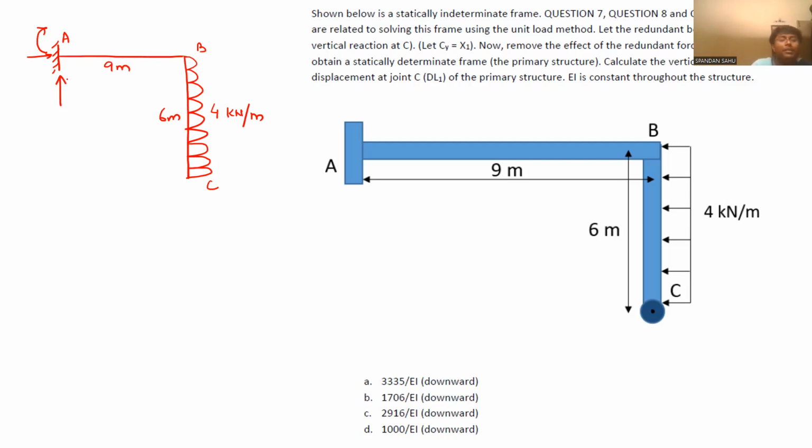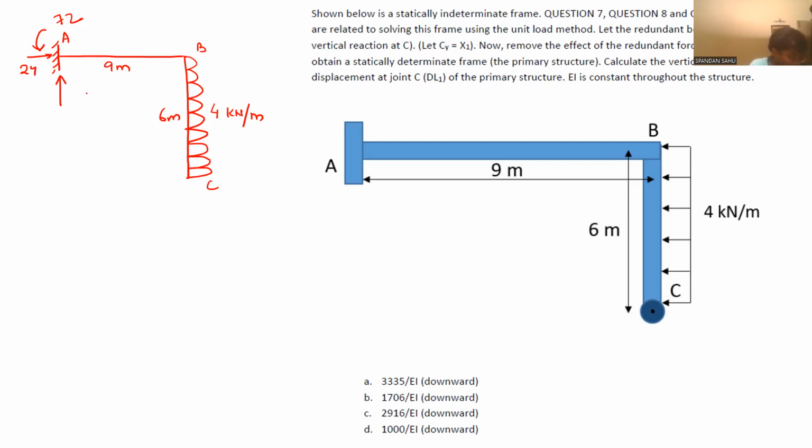That can be seen directly. Moment would be 24 into 3, so it's 72, and this 72 will be anticlockwise. Good.